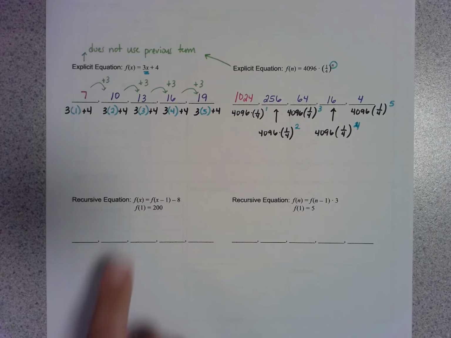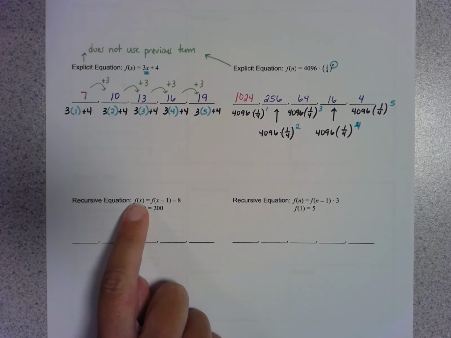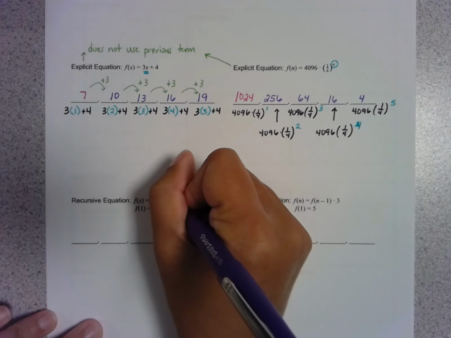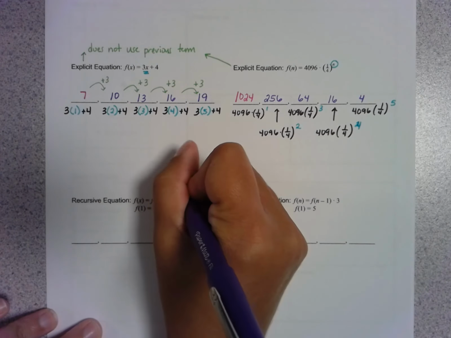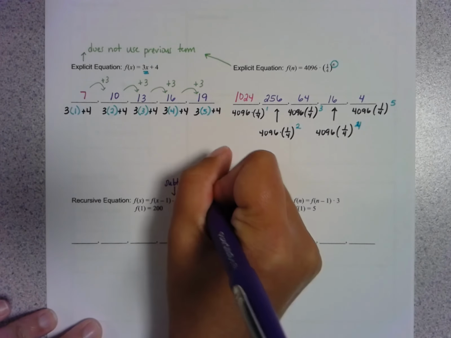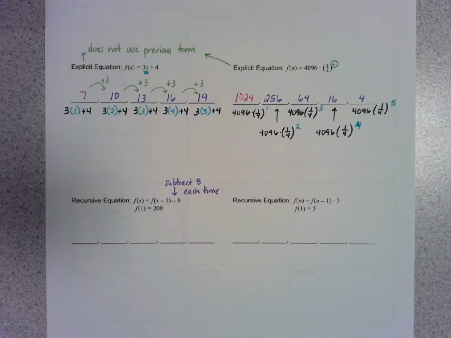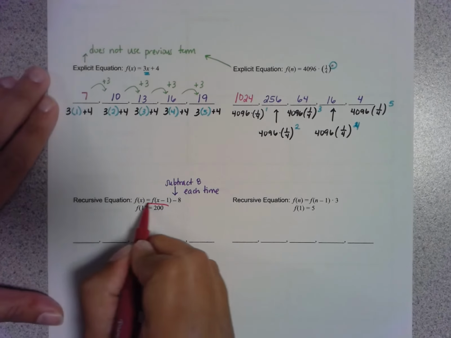So what this recursive equation says is that to find my new number, take the previous number and subtract 8. Now it also gives me a starting value.